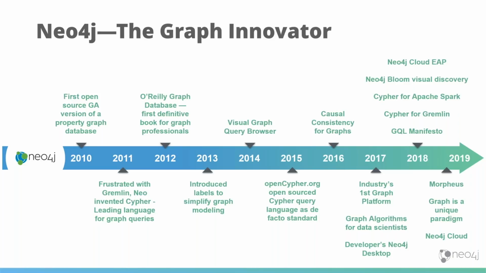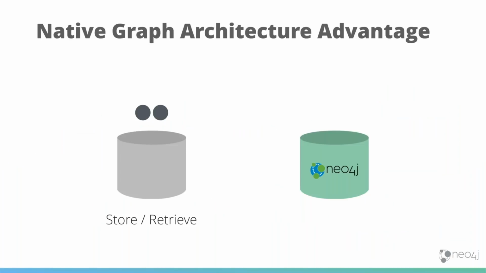We've created the early adoption for Neo4j Cloud. We've introduced Neo4j Bloom in the second quarter. We've open sourced Cypher for Apache Spark and Cypher for Gremlin, as well as written out this GQL Manifesto. So some really, really big things there. And then if you look into what we're going to be working on in 2019, again, some really, really interesting and clever capabilities there.